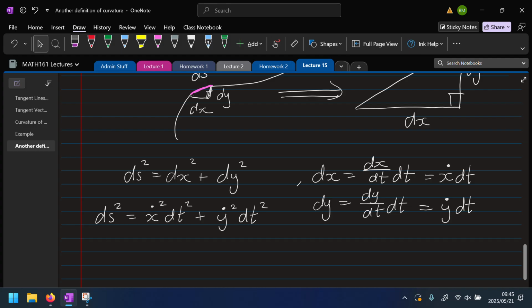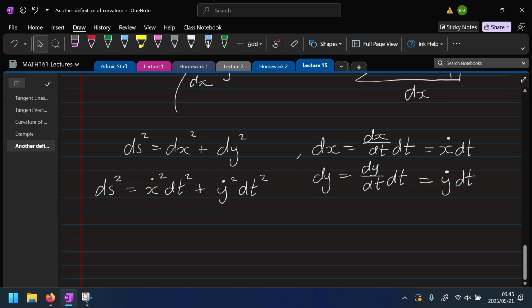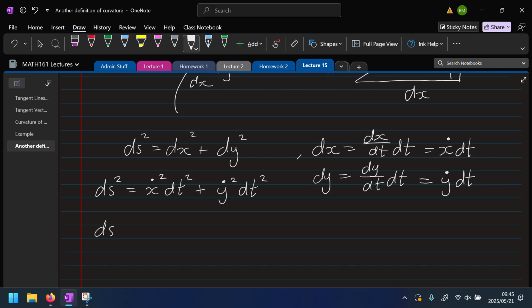Now both of those have dt squared, I can factor that out. Okay, so I've just factored out the dt squared. You could probably guess what we're going to do next. Take the roots on both sides.